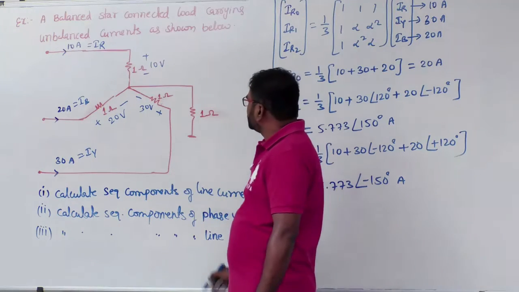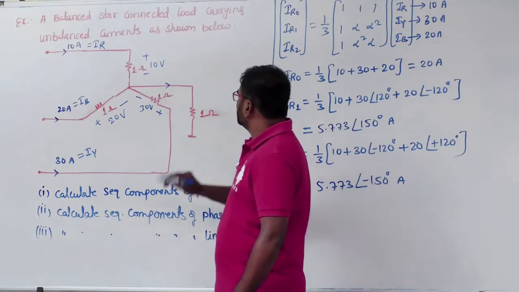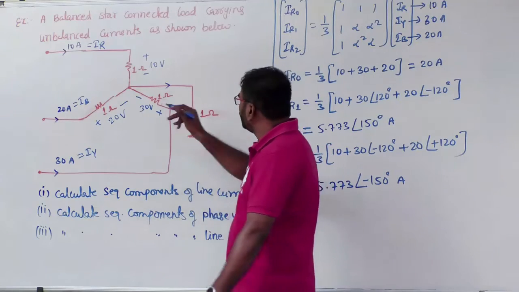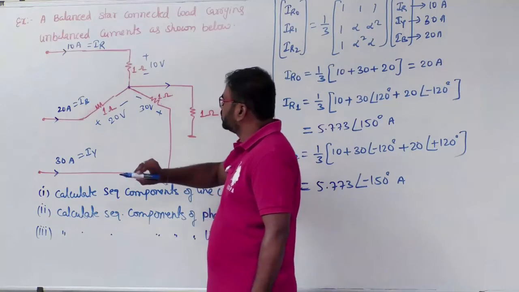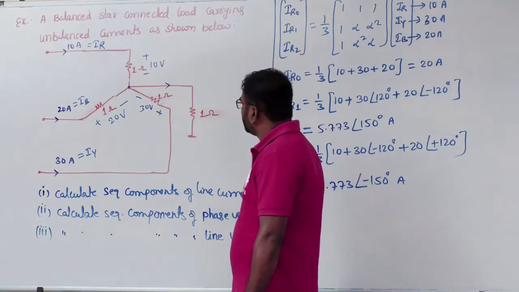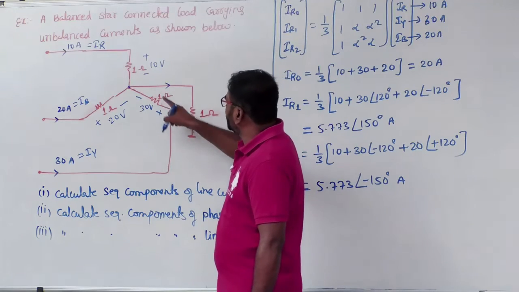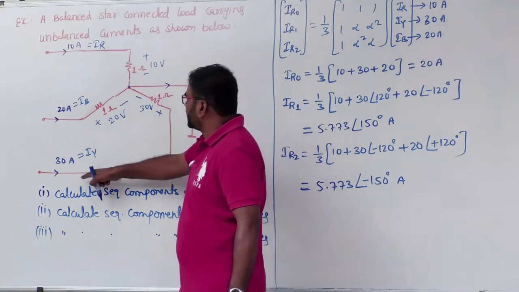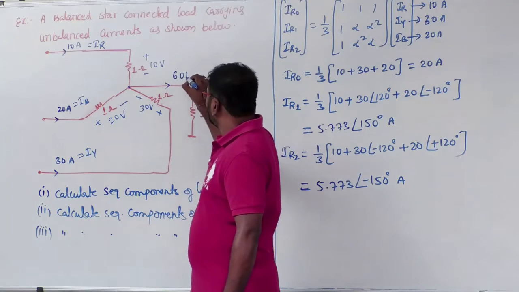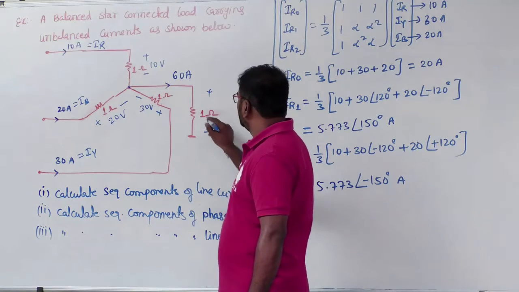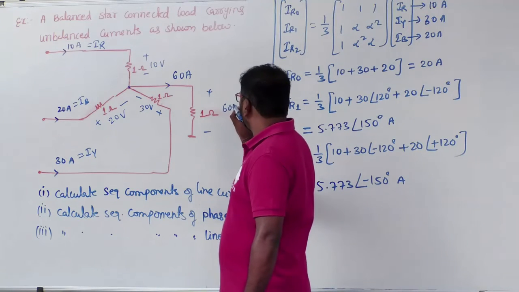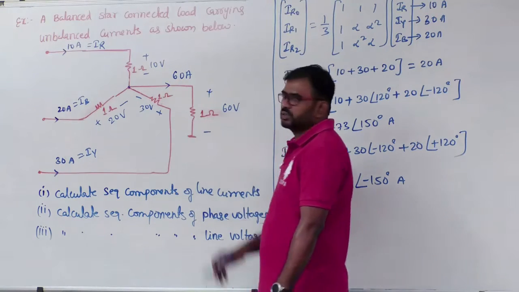But what is the voltage drop in the neutral? Actually the neutral is floating, because the neutral potential is not 0. The neutral current is IR plus IY plus IB, that means 60 ampere. So the voltage here is 60 into 1 ohm, 60 volts.